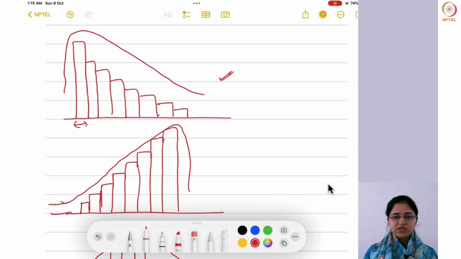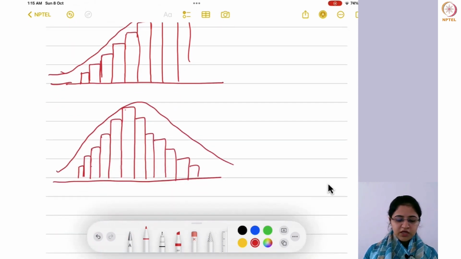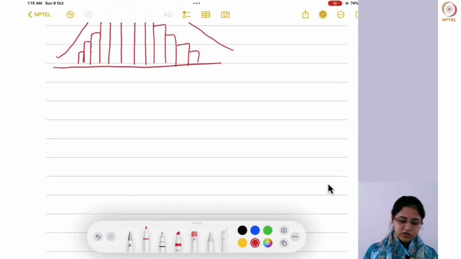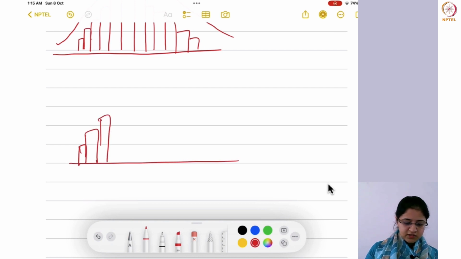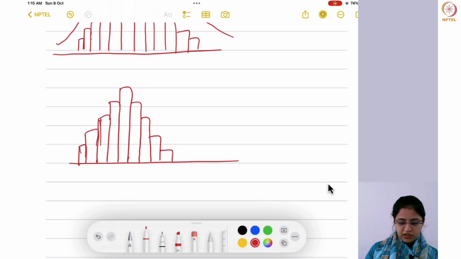So that is why mode is high. Now, instead of unimodal, you can have a histogram such that it looks like this. Somewhat here, and then it goes below and then restarts.